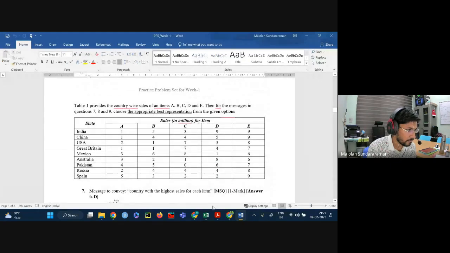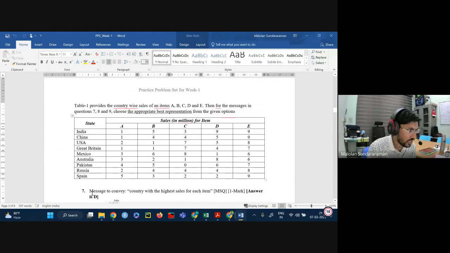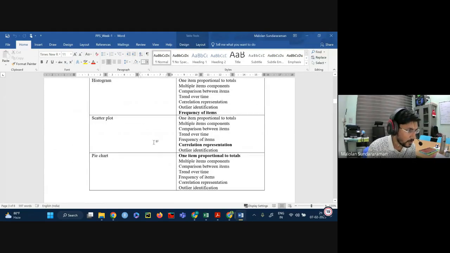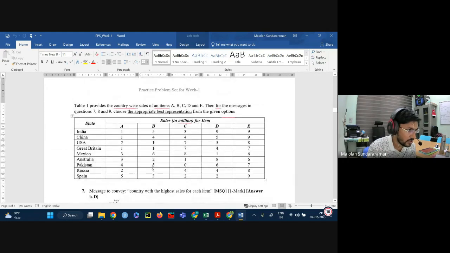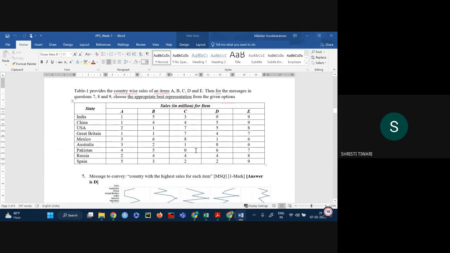No, sir. It was question number 15 from practice assignment 1. That is fine. The number will change because we have split this, but just check whether this is the data. Table 1 provides complete sales of items A, B, C, D, E. Yes, the question is the same, I just want to know about the visualization part.